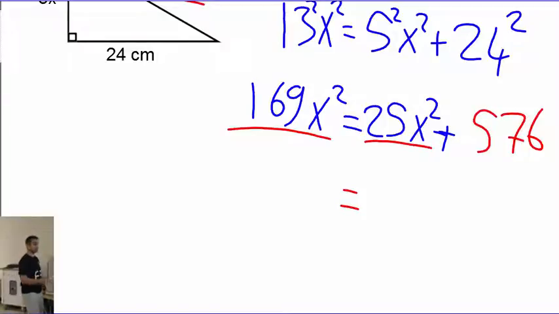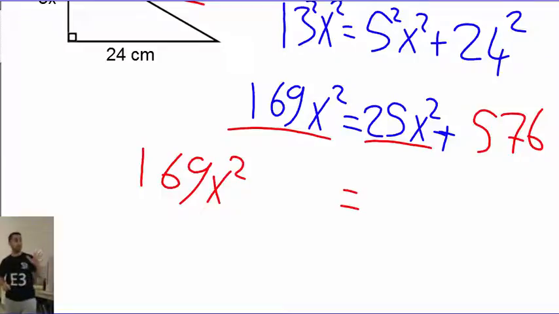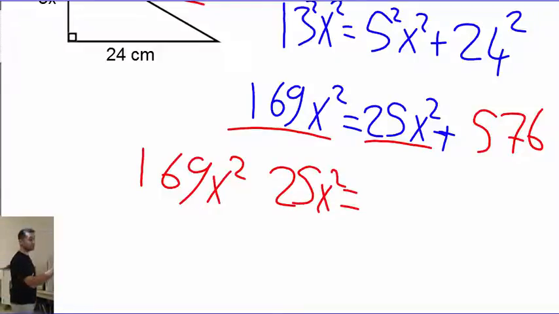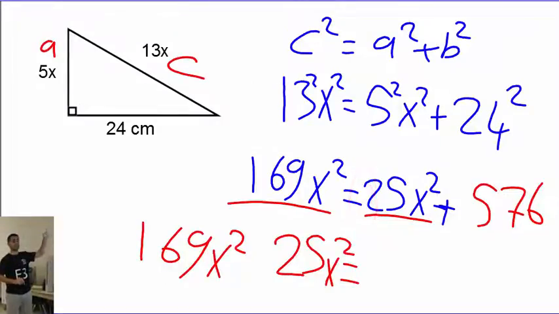So I'm going to push the 169x square here, and 25x square, I'm going to bring it to the left side, but it's going to change. There is no sign in front of it here, meaning it is a plus sign. And when you remove the number from right side to the left side, it will change the sign to negative. We practiced this before.